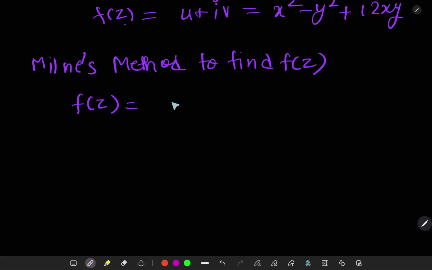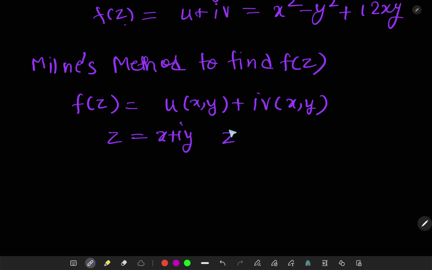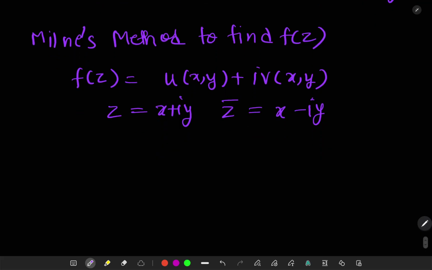as we know that f(z) is equal to u plus iota v. Here if z is equal to x plus iota y and their complex conjugate is equal to this, we can find the value of x and y in terms of z and z bar.